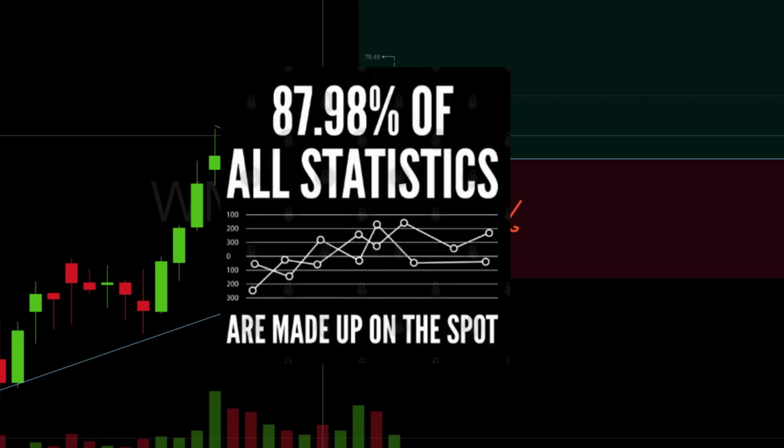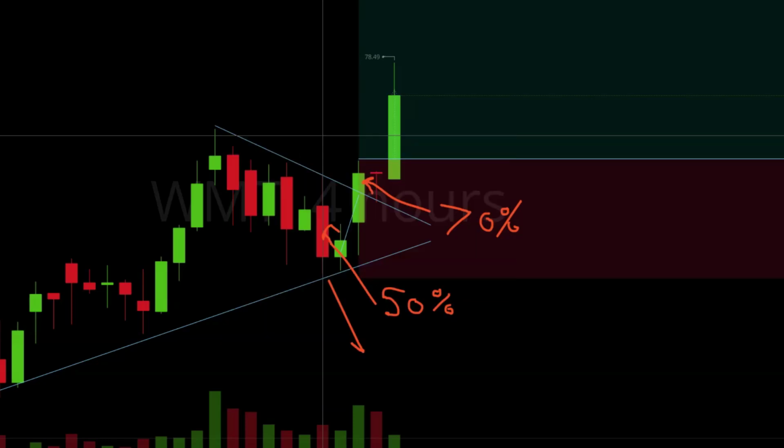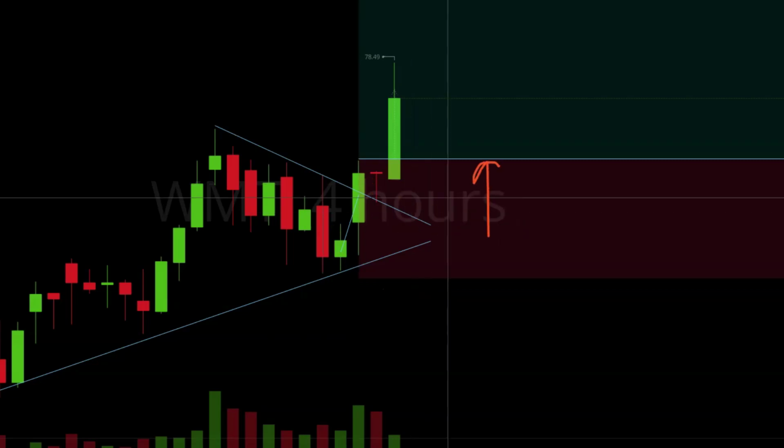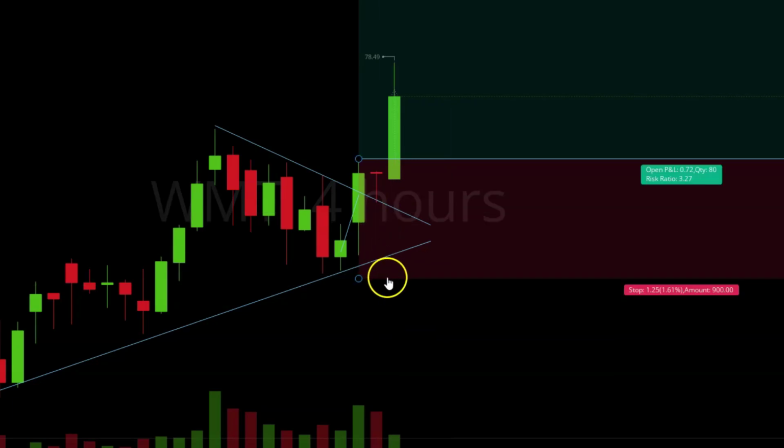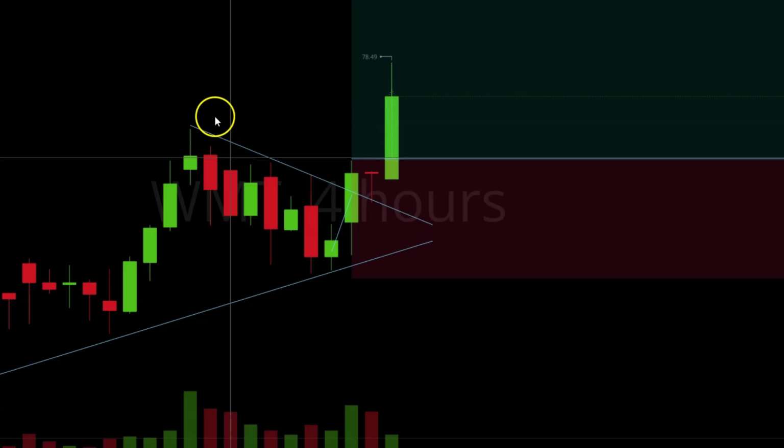You can look at somebody who backtested a strategy, and nine times out of ten they're just made up. I'm making these percentages up, but the probability increased that this is going to go in the direction you want, which is obviously the upside. If you were to get in down here, this would have been a better price, but the probability was actually lower in that case. We want to take the highest probability trades possible. That's what the spring trade is all about.